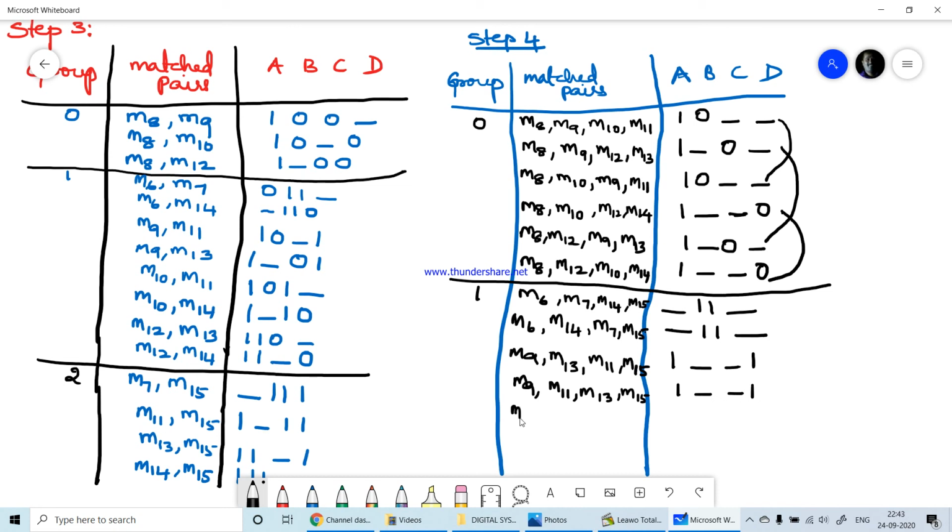Then you have M10, M11, M14, M15. This will again have 1 dash 1 dash. Then we have M10, M14 and M11, M15. So this will have 1 dash 1 dash again.